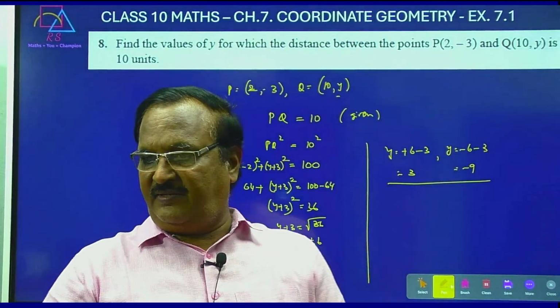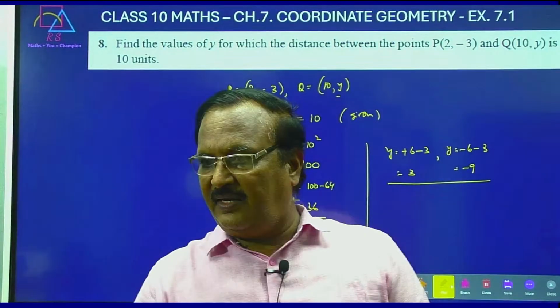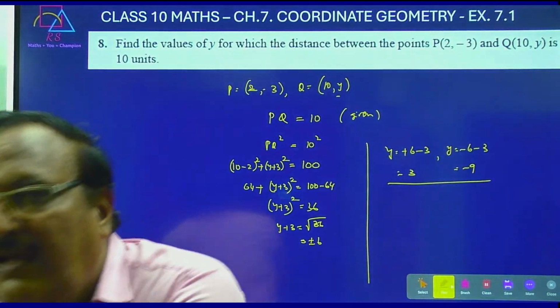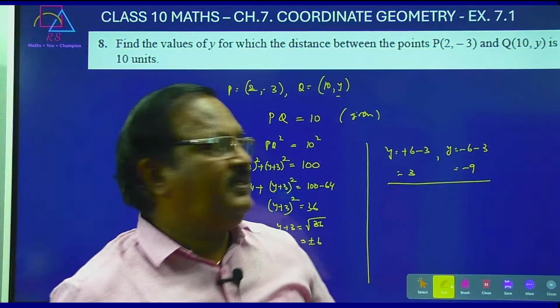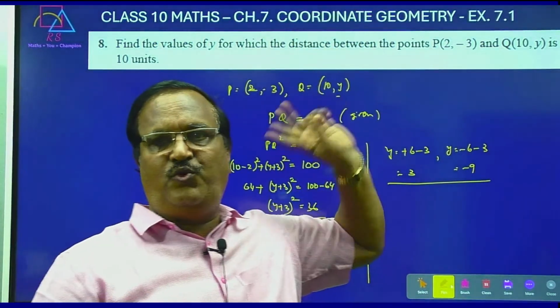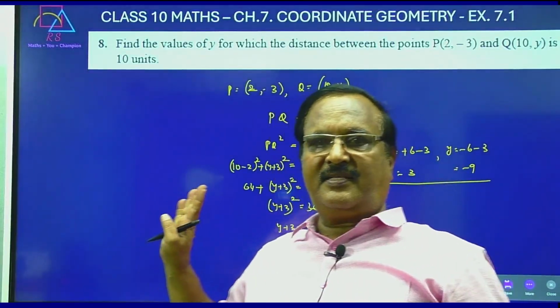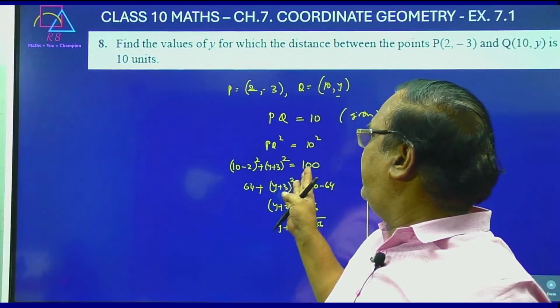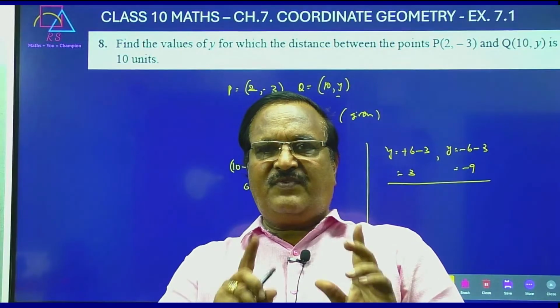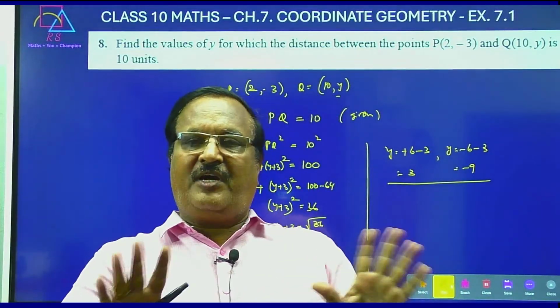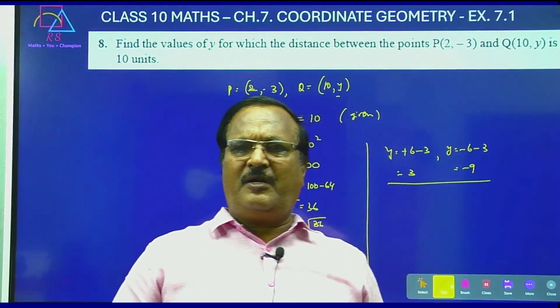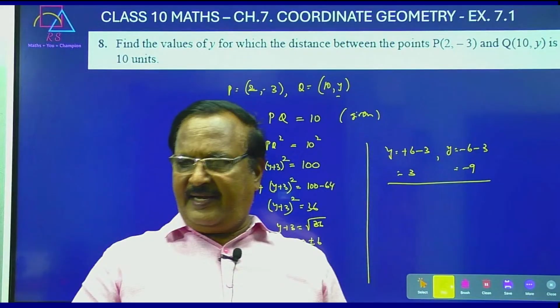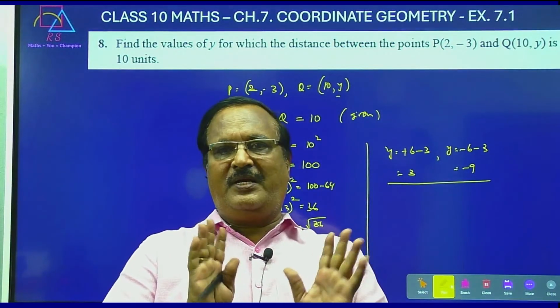Important question. Will this question come for 3 marks or 2 marks? It can come for 3 marks. 2 marks questions and 1 mark questions are directly formula based. If you directly use the formula, then you will get 2 or 1 mark.